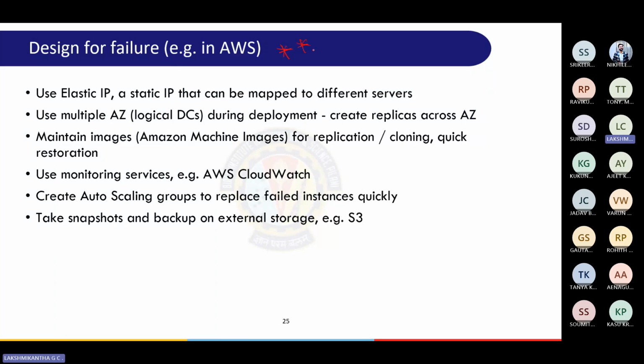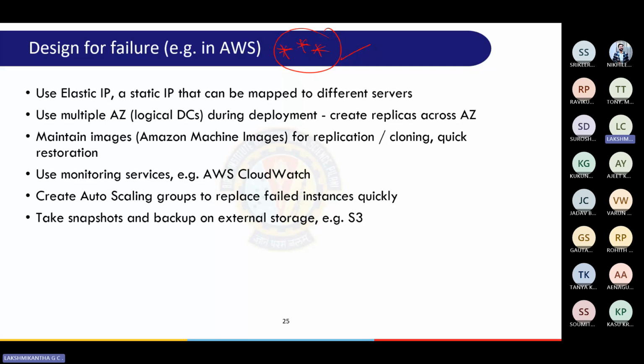On the cloud, we don't design to prevent failure. We design to handle failure gracefully. Components will fail, guys. Servers will go idle, and sometimes AZs can have power issues. Correct? No. Yes or no, guys? I'm telling you the truth.